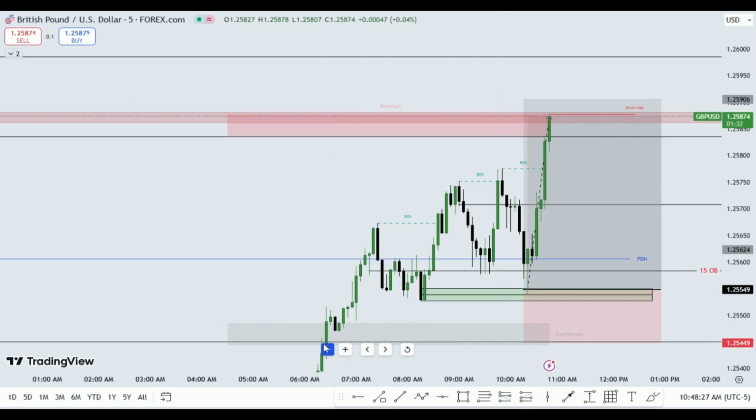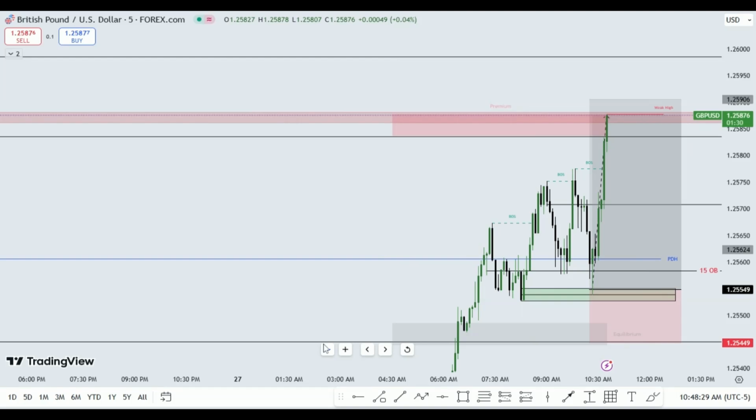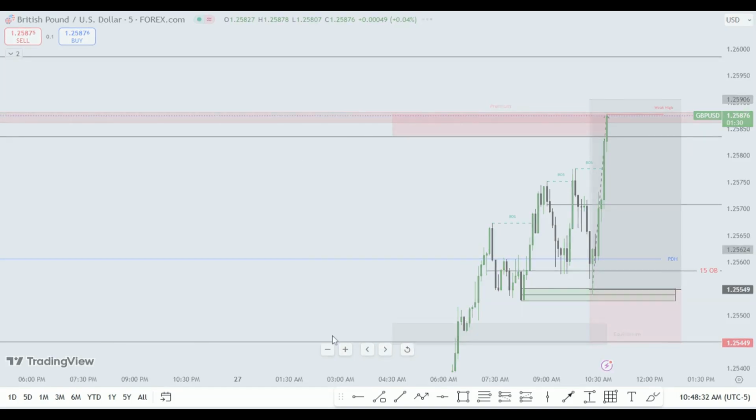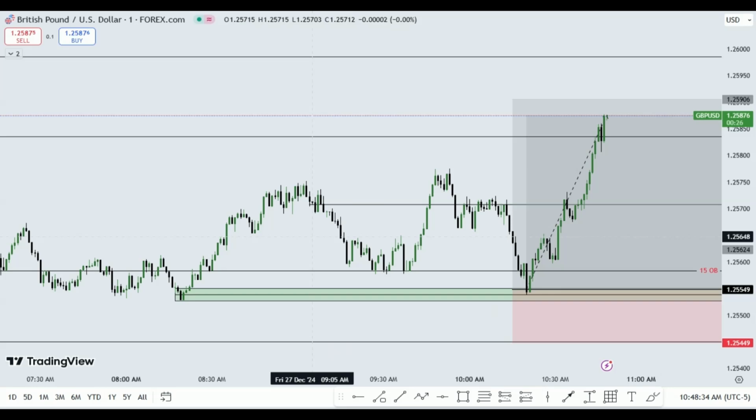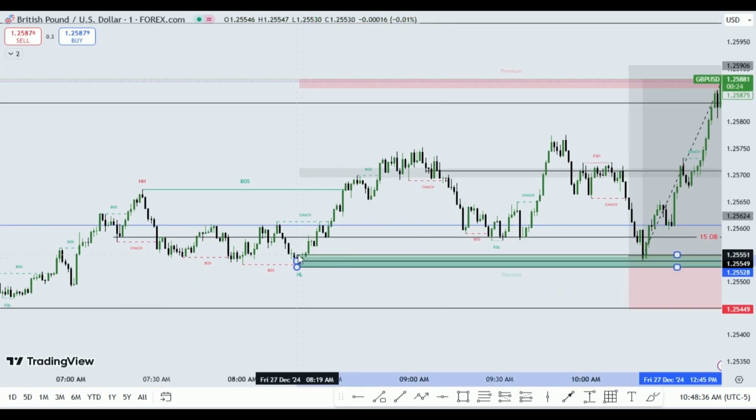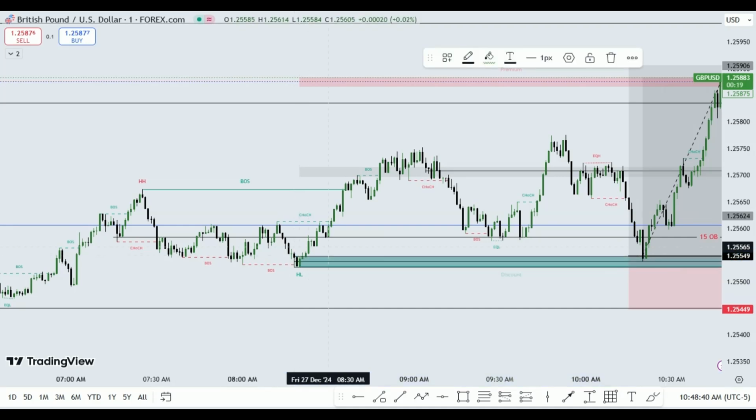So you can see here, this is our 1 minute. Can you see this level? This is a valid order block.